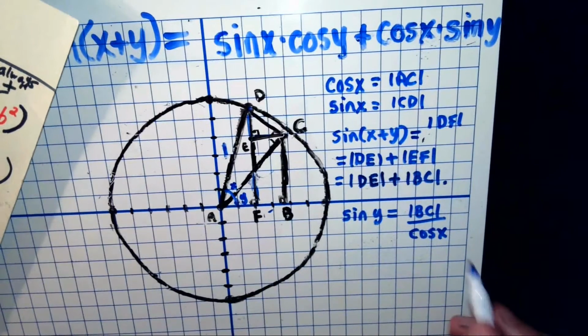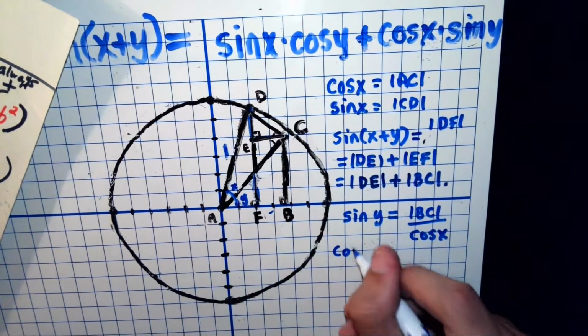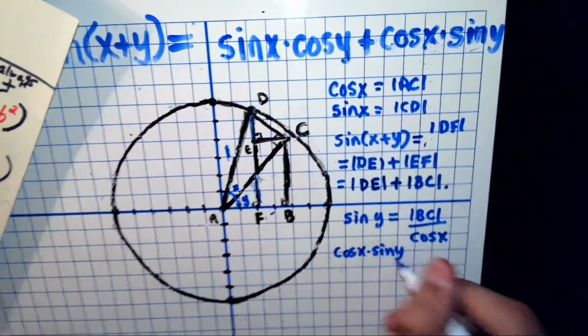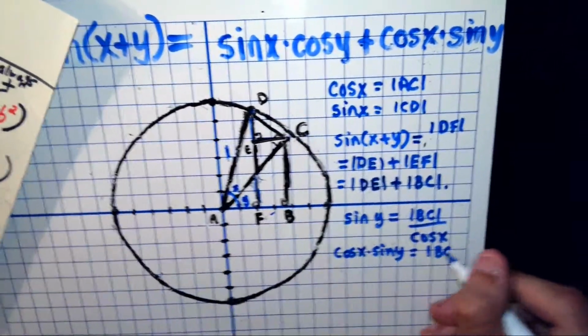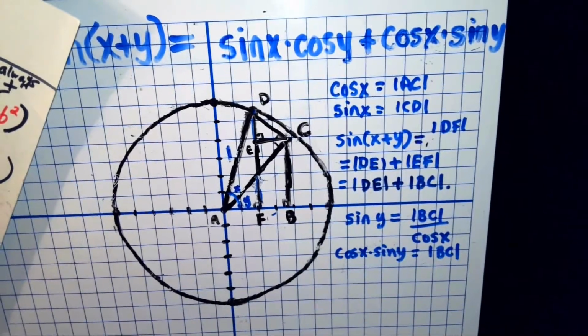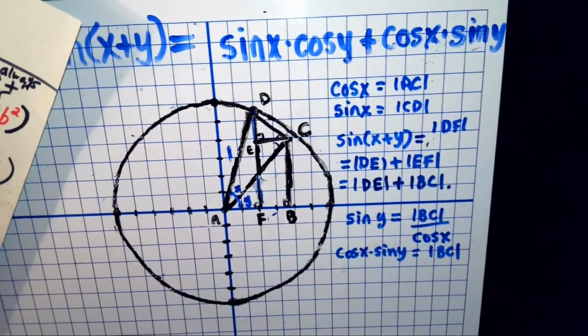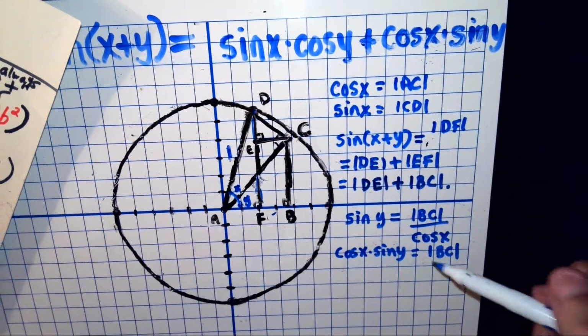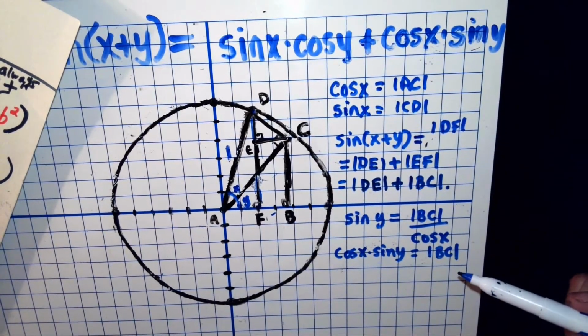Therefore, with a little bit of rearranging, cosine x times sine y is the length BC.